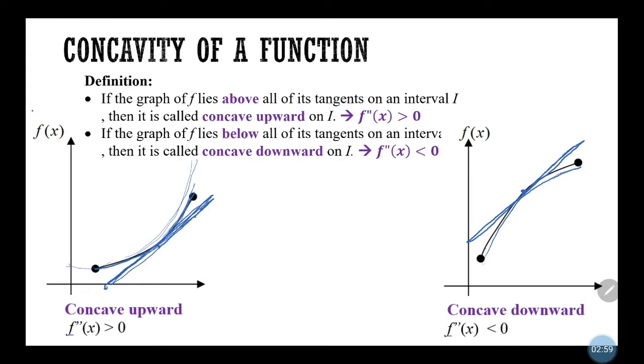Untuk pemahaman you, nampak kan curve ni dia melengkung ke bawah. Dia melengkung macam ni. So this is so called as concave downward. Or if through equation you may check, you will find out that f double prime x is less than 0. Right? Okay.